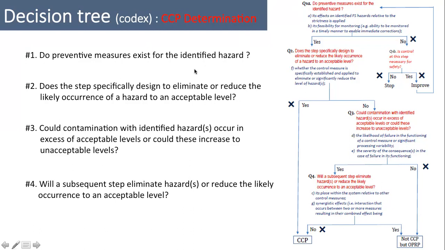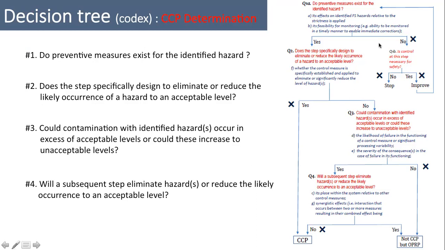We have identified a hazard as the temperature, right? Again, we are going to use the similar example. In this step, we have identified the hazard as a temperature change. So, do preventive measures exist for the hazard identification? Yes. We have also identified a physical hazard.